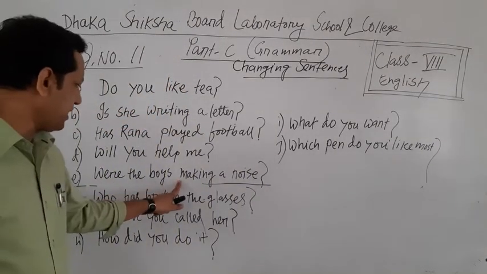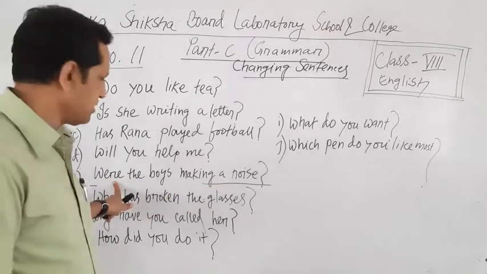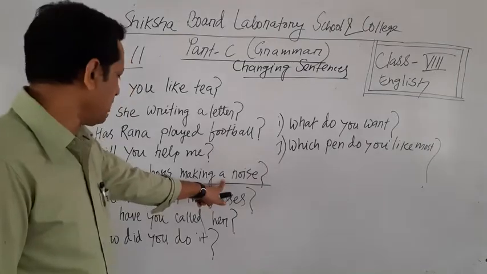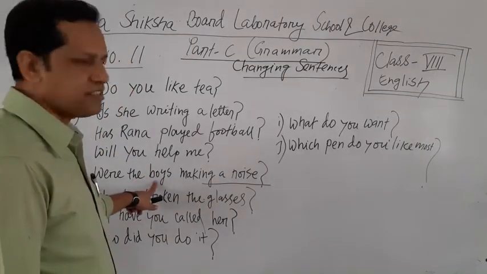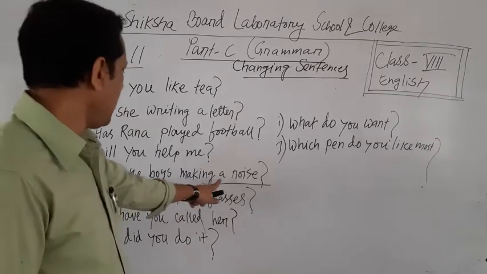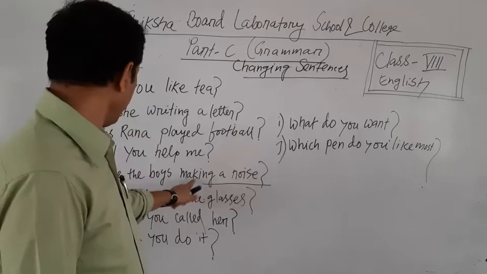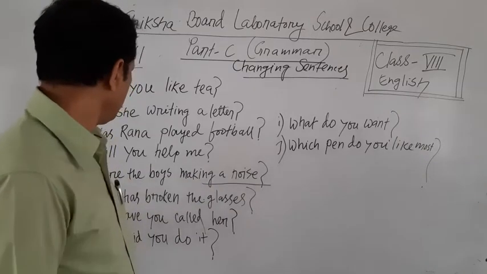Were the boys making a noise? Past continuous tense. A noise is actually singular, and the boys is a plural subject. That's why we use was: was a noise being made by the boys?